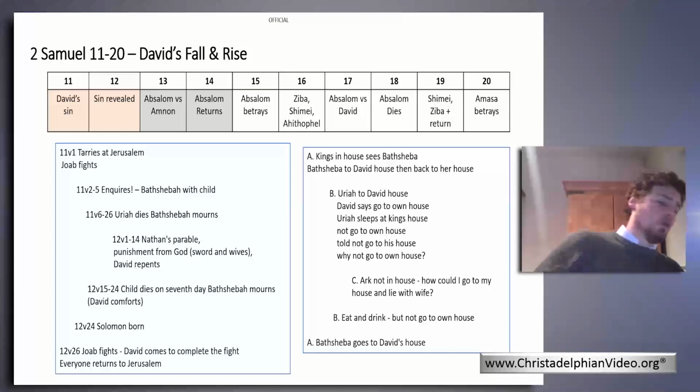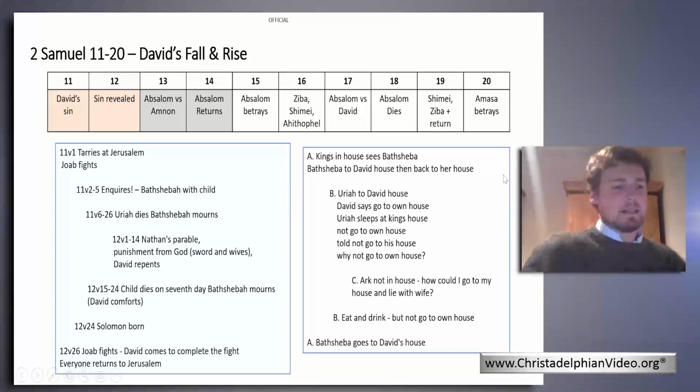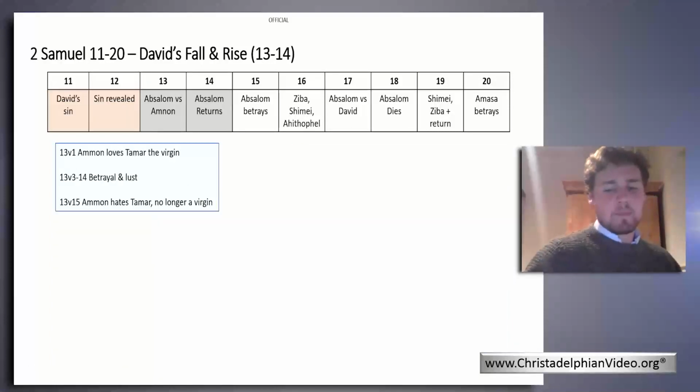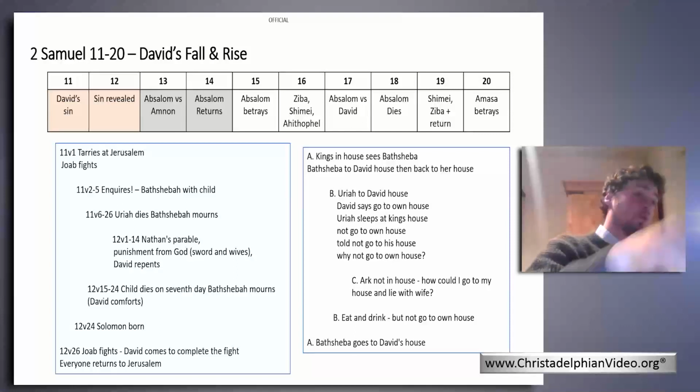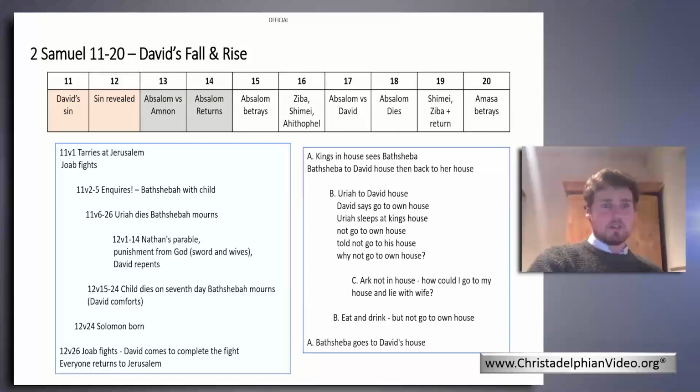There is a usual word for inquire which is used all the time, and then there is a stronger word which seems to be associated with worship, and it's that other word which is used by Saul back in 1 Samuel chapter 9 when he first comes into contact with Samuel, and it's also that word which is used at the end of Saul's life when he inquires, worships almost, at the woman from Endor, and it's also used here in David's life when he goes and inquires after Bathsheba.